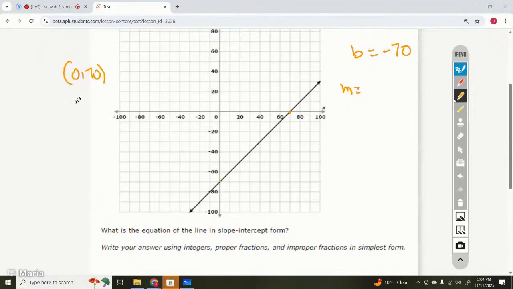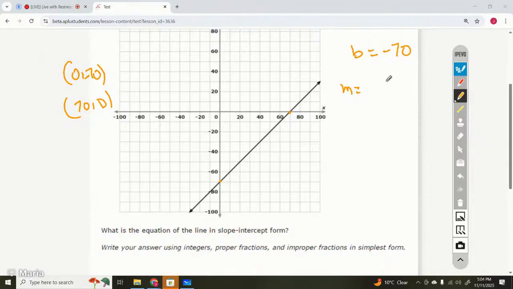X is 0, y is negative 70. And the other point is x is 70, y is 0.